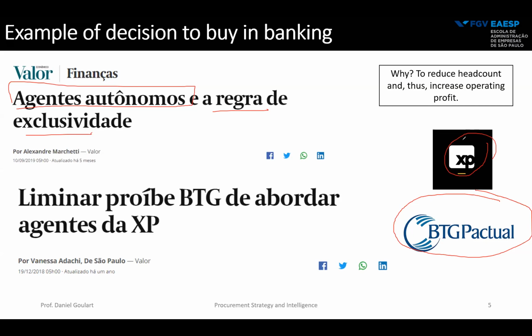If you are an Itaú customer, as an individual, not a firm, you're going to be served by a relationship manager, which is Itaú's employee. If you are a firm, you're served by a banker.